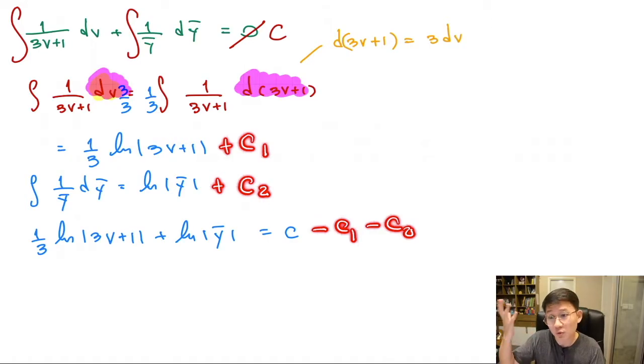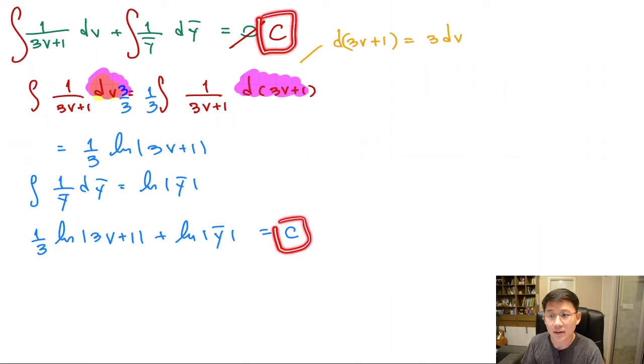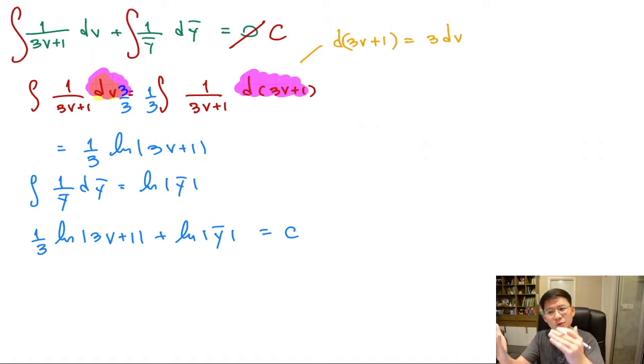So if it is subtracted by c1 or c2, it's still a constant, right? It might not be mathematically correct rigorously, but it's still okay to do that in ODE. So basically this c is not the same as this c, okay? But it's still a constant, so we don't really care much. Otherwise, we need to do c1, c2, c3, c4, c5, and it's annoying, okay?